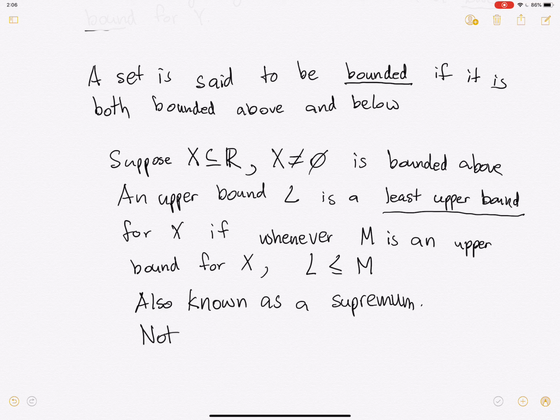And the notation for this is L is equal to the supremum of X.